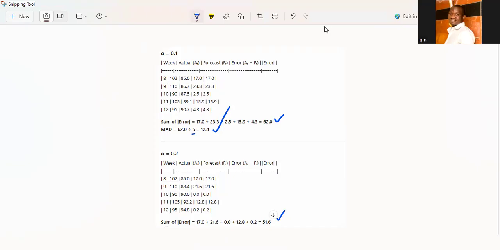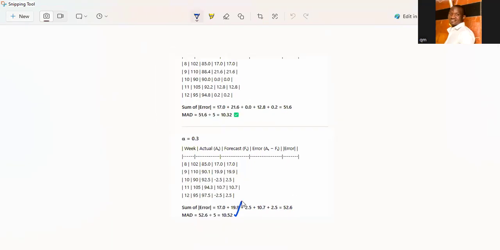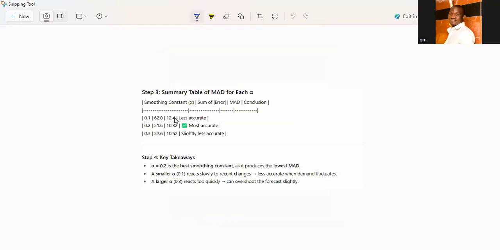We do the same, we sum up and get our mean absolute deviation here. Then we go to our summary table to compare which one has the least error. This one has 12.4, this one 10.32, and the other 10.52. So this is the most accurate. So 0.2 is the best because it produces the lowest mean absolute deviation.